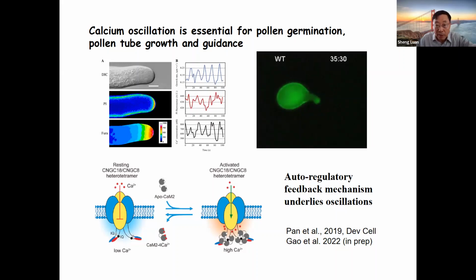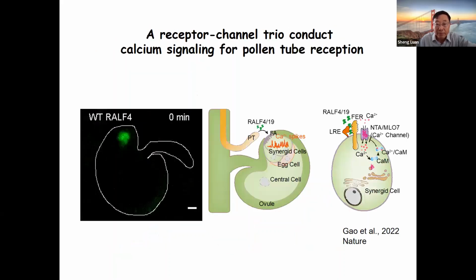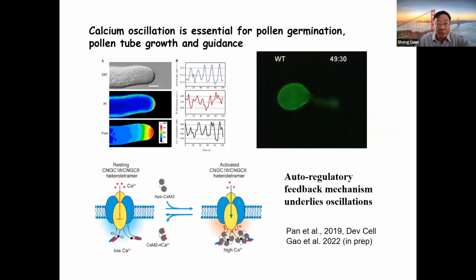Okay, so now it grows, and then the focal point of the calcium flash will actually follow the tip of the pollen tube. So we call it a tip calcium gradient and also oscillation. You see the flash. Now, it's not always there. It's just a flash, flash, flash. If you record the up and down, you see this kind of oscillating pattern.